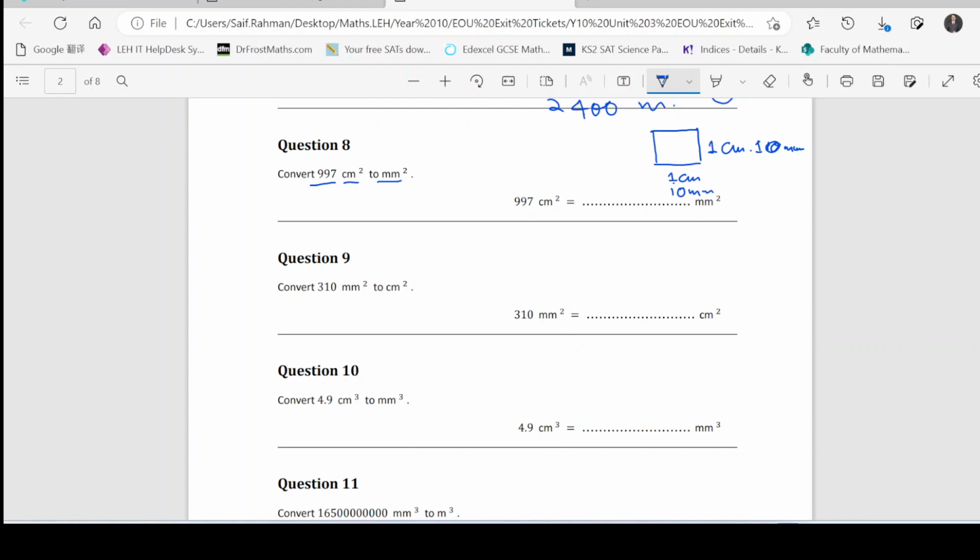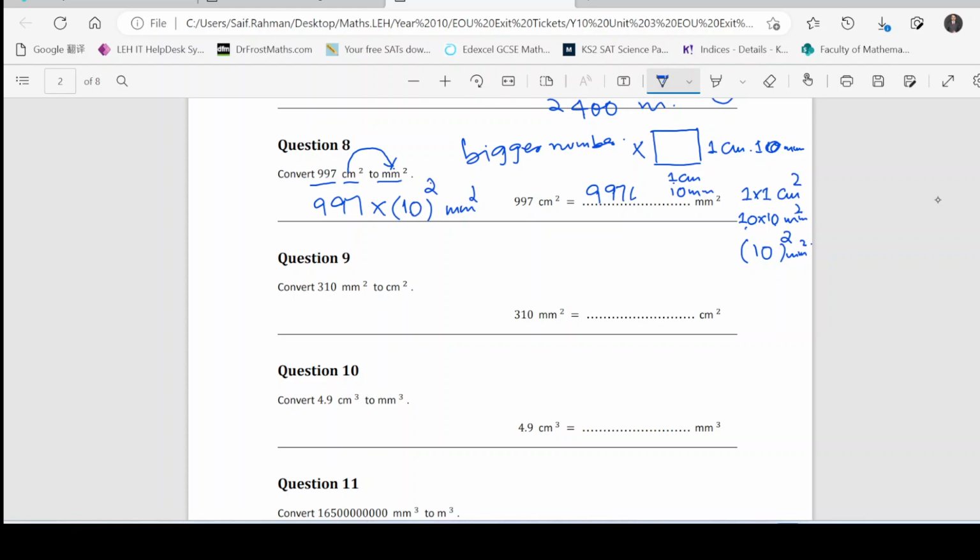Centimeter to millimeter is just 10, and since it's an area, it's 10 squared, right? 10 squared is 10 times 10, that is 100, and we multiply it with 997. So that gives us 99700 millimeter square.